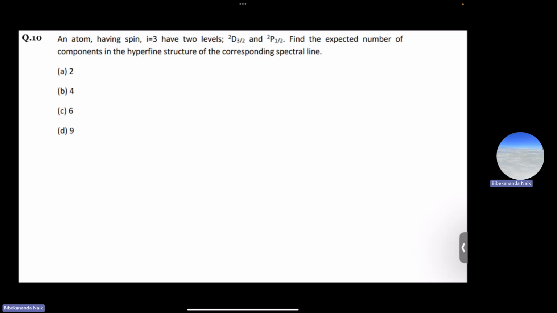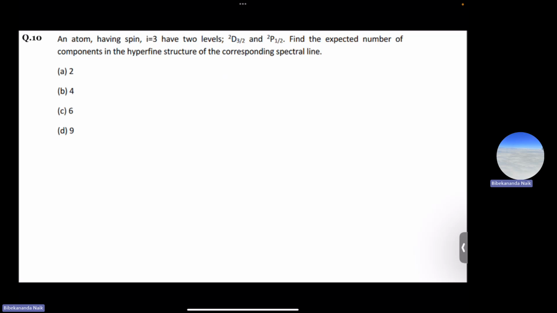Now question number 10. Question number 10 says an atom having spin I equals 3 has two levels, 2D 3/2 and 2P 1/2. Find the expected number of components in the hyperfine structure of the corresponding spectral line. Options are option A 2, option B 4, option C 6, and option D 9.